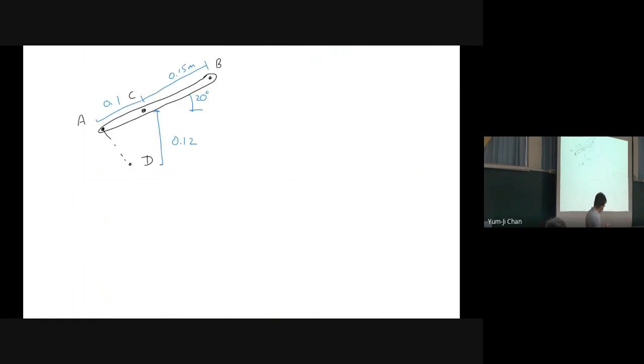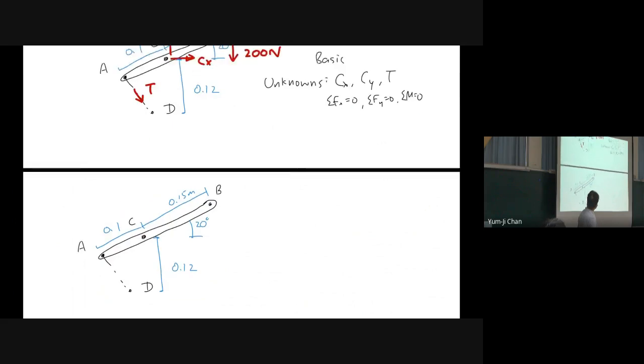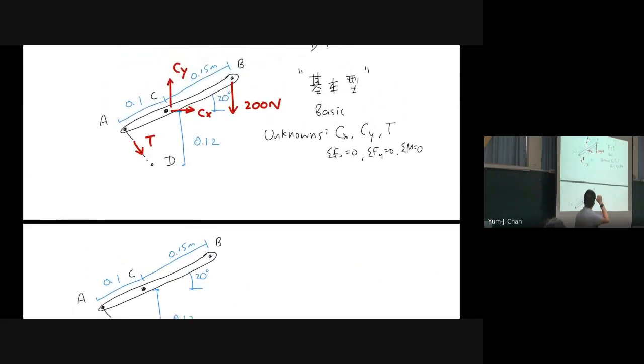Is it a 2 force body or a 3 force body? Let's look at the problem here. The external forces act on point A, point B, and point C. So we have 4 forces, right?